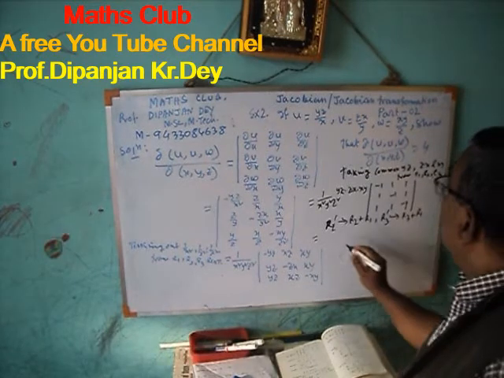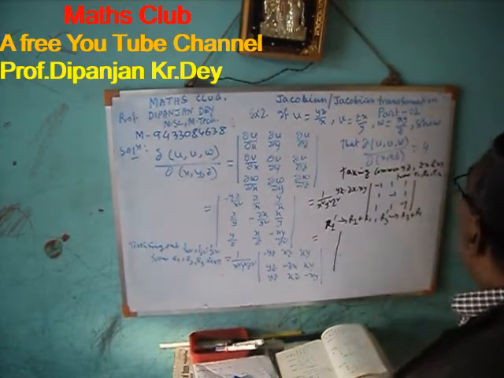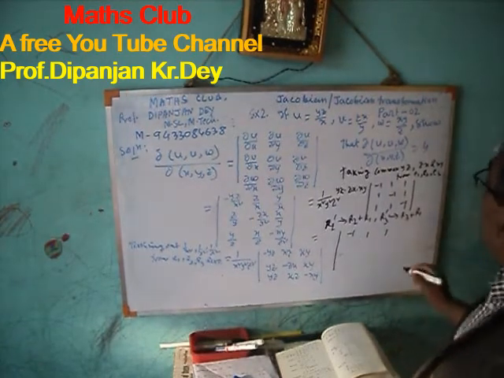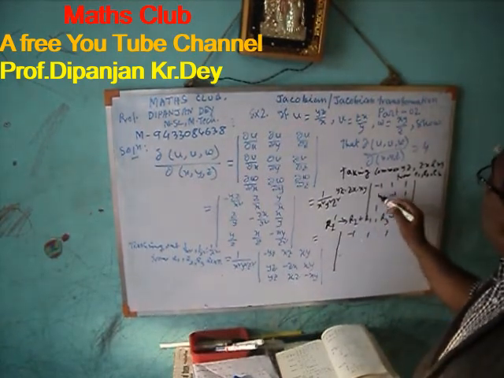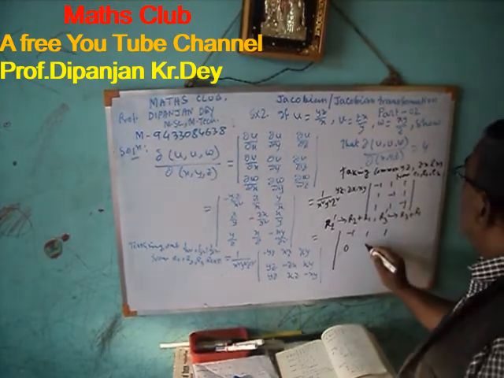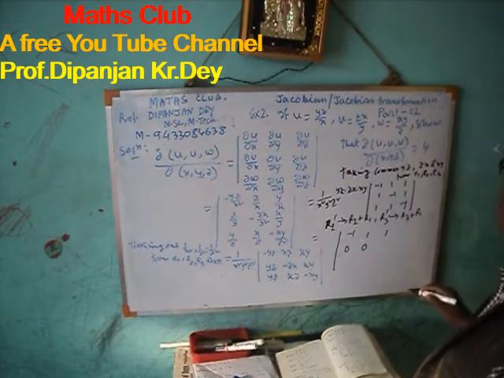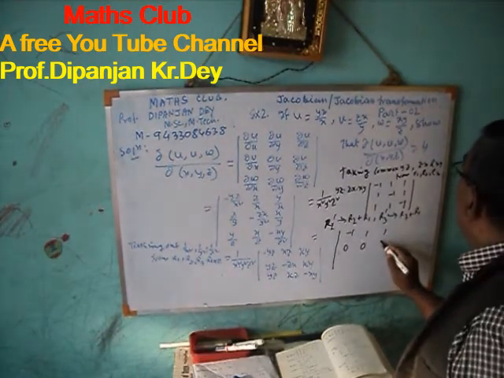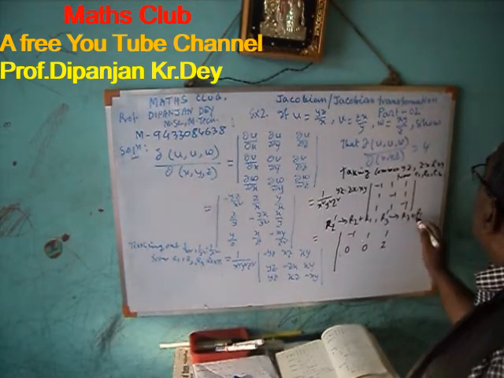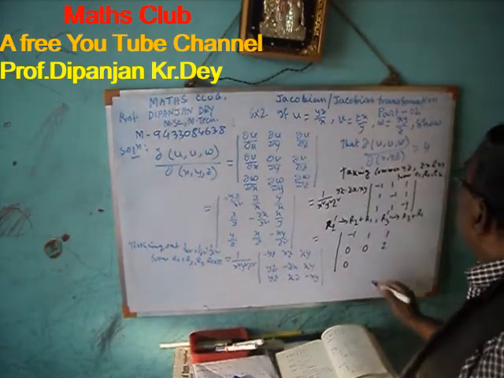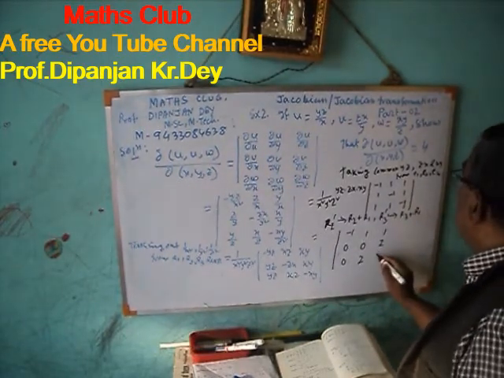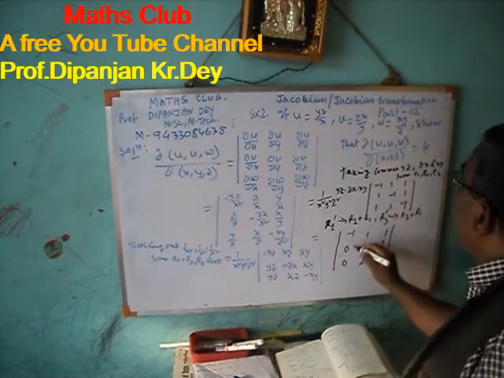Just follow me. R1 remains the same: minus 1, 1, 1. Then R2 dash equal to R2 plus R1: this plus this comes 0, this plus this comes 0, this plus this comes 2. Similarly R3 dash equal to R3 plus R1: this is 0, then this plus this is 2, now this plus this is 0. So now you are getting 2 zeros.